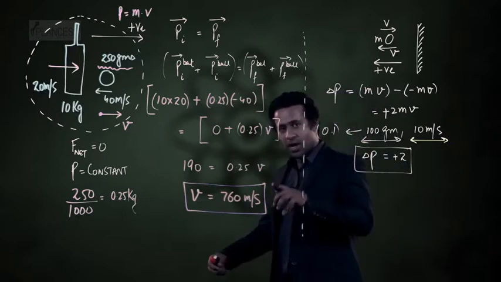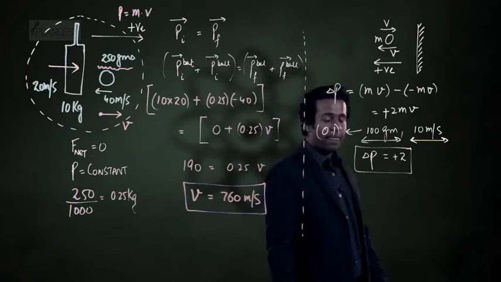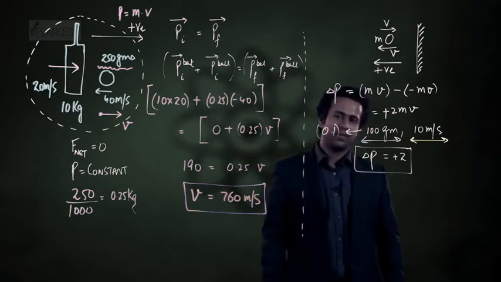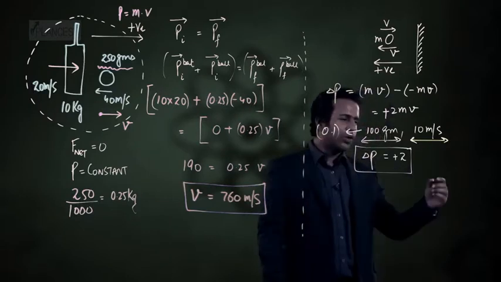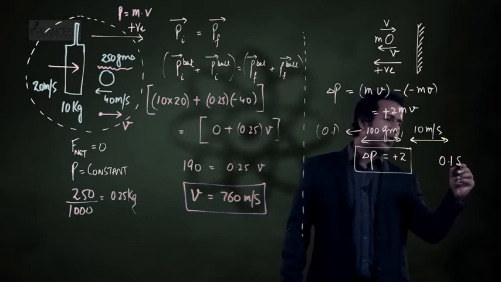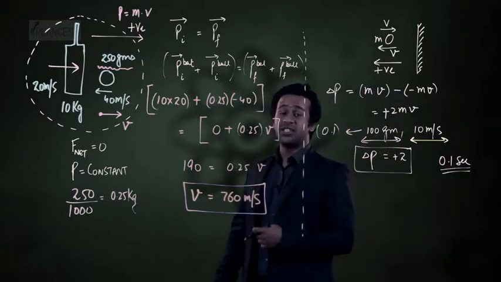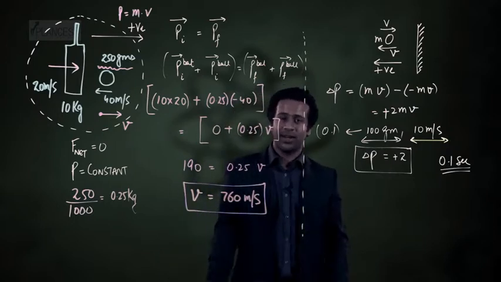Right. So now the point we were discussing was that this change is brought about in a very small time, right? How long do you think a collision lasts? It could not be more than 0.1 seconds, right? It seems instantaneous, as if it takes zero time, but it still takes some time. It has to, right?